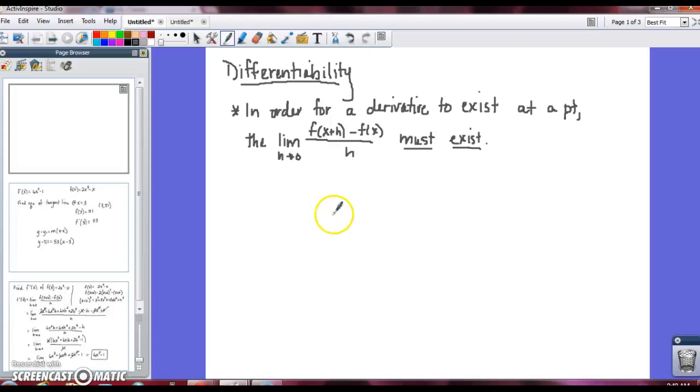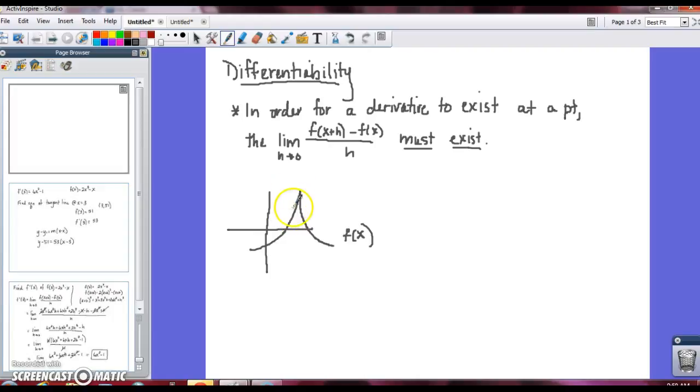So, here are two different implications of that. If you have a function that has a sharp point, this is a continuous function.